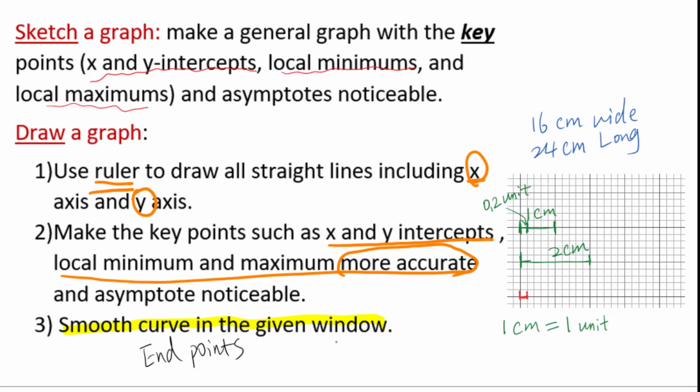For example, if x is greater than or equal to -2, less than or equal to 5, you need to figure out f of -2 and f of 5 so that you can figure out the endpoints.